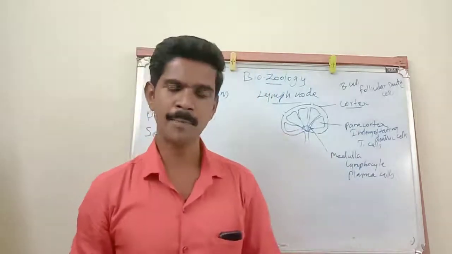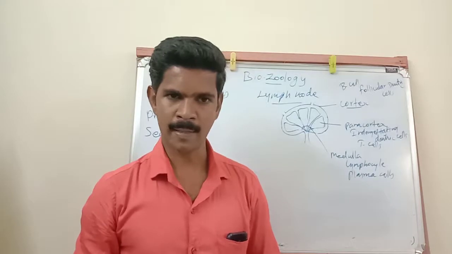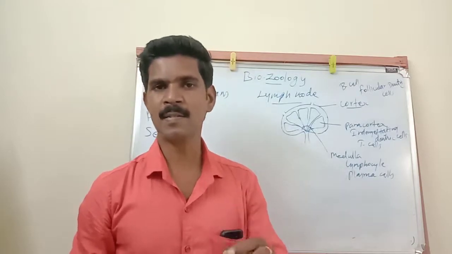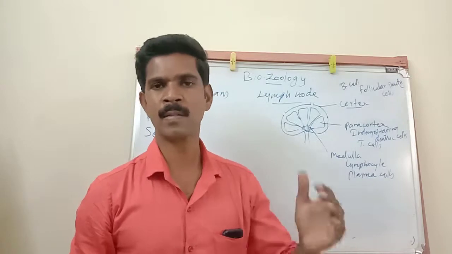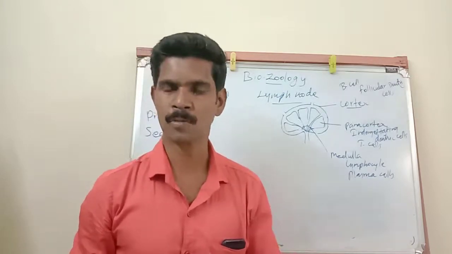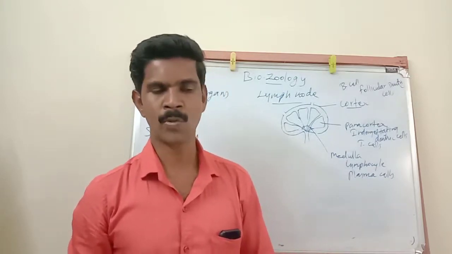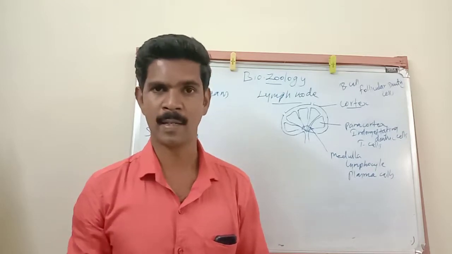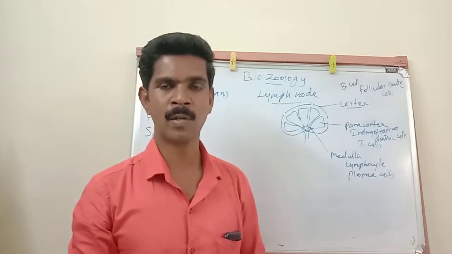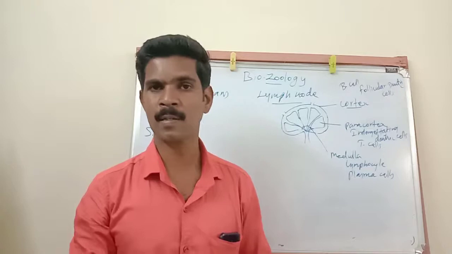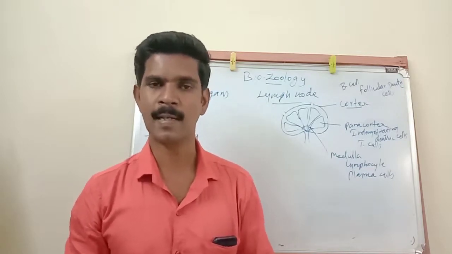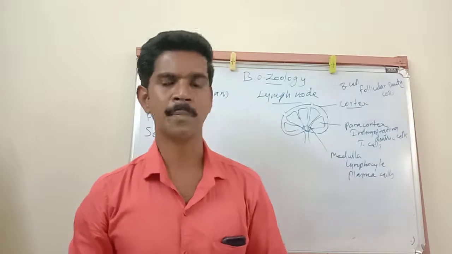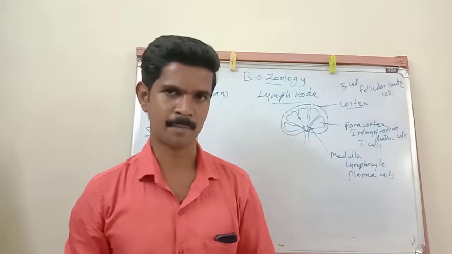It is the first organ which encounters pathogenic microorganisms that have entered the tissue space. If any pathogenic microorganism or foreign particle enters the tissue space, the lymph node will be the first to kill or encounter the foreign particles or microorganisms.